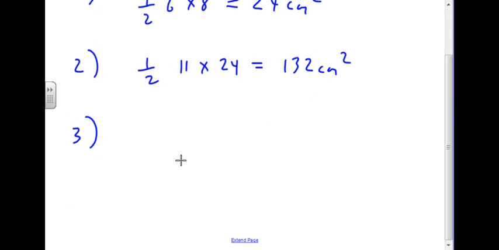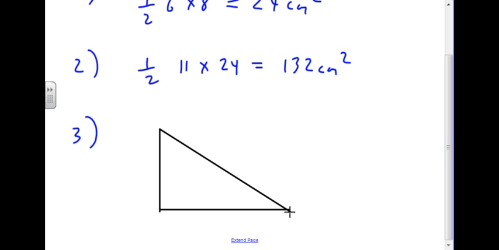Okay, so we're not going to draw the stupid triangle the way he has it drawn, right? We're going to draw it our way. So there's our triangle, and we got a right angle.